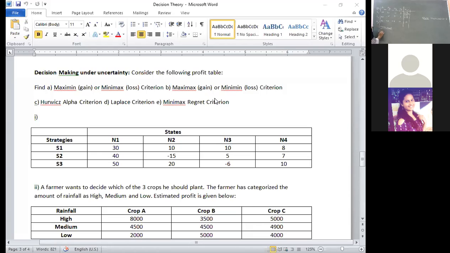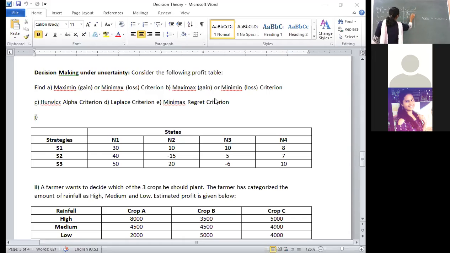Second bit, we will solve maximax. Again the word is a combination of two words. The second word is maximum. Now we have to calculate the maximum value for each strategy. In first row, among four values, you have to choose the maximum value.